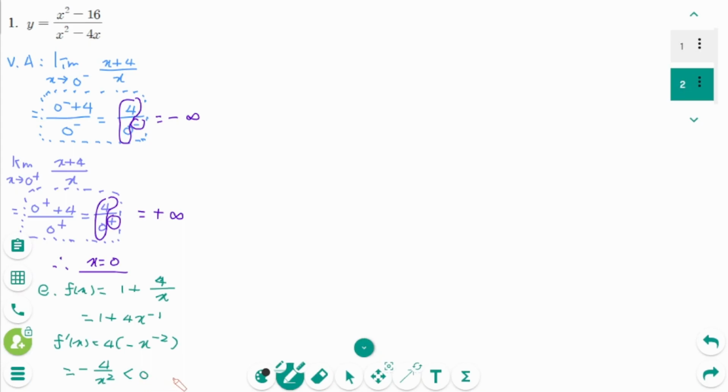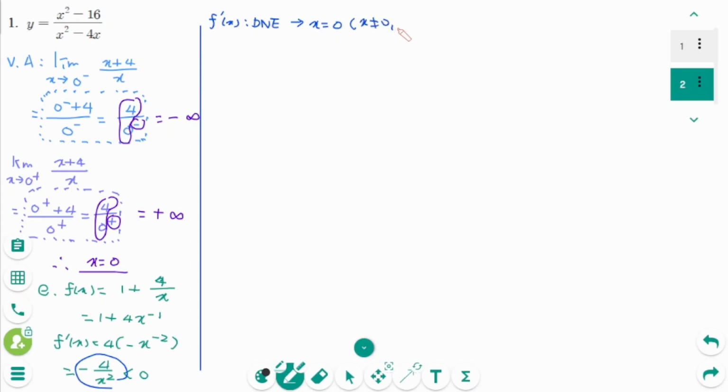That means never be 0. When f prime of x does not exist, x equals 0 from here. But from the domain, x cannot be 0 and 4. So that means there's no critical numbers.